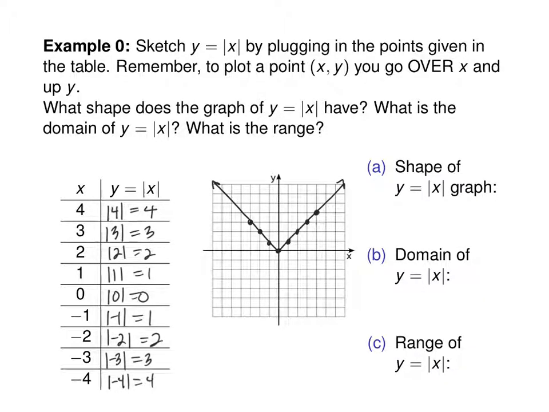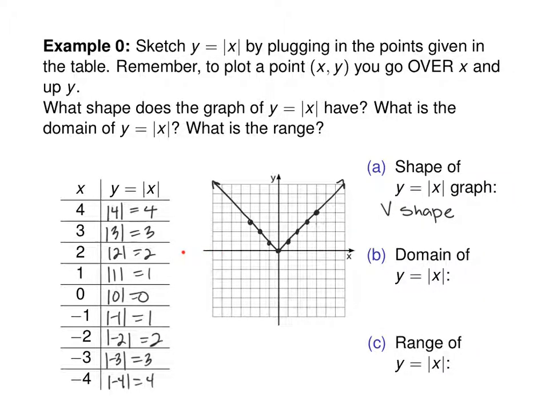Okay, now let's review shape, and domain and range. So the shape of this graph, it's not a straight line anymore, it's an absolute value, and it makes a V shape. How steep that V is depends on a couple things, and we'll talk about those later in this lesson. Now the domain is all of your inputs, so you look at your graph from left to right and see, is there a leftmost point on the graph, is there a rightmost point?